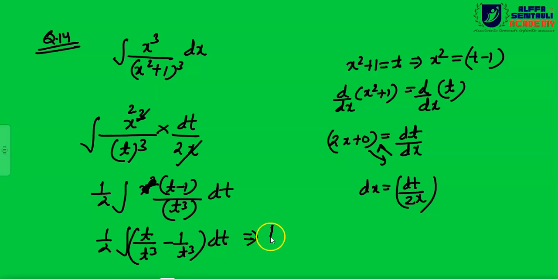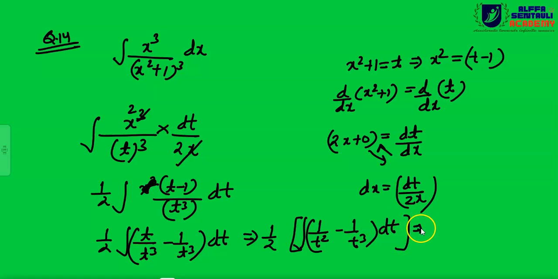Now this can be written as 1 by 2, and t divided by t cube, so 1t and 1t will get cancelled out. So you are left with 1 upon t square minus 1 upon t cube, dt, correct? Now this can be written as 1 by 2, and this can be written as, beta, what? t to the power minus 2 minus t to the power minus 3, dt.